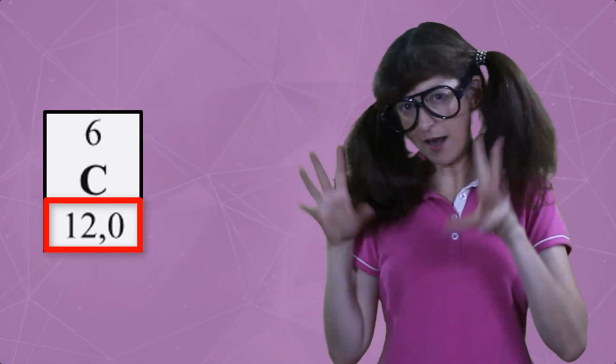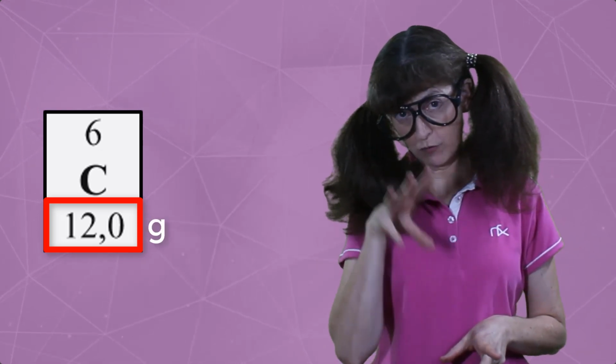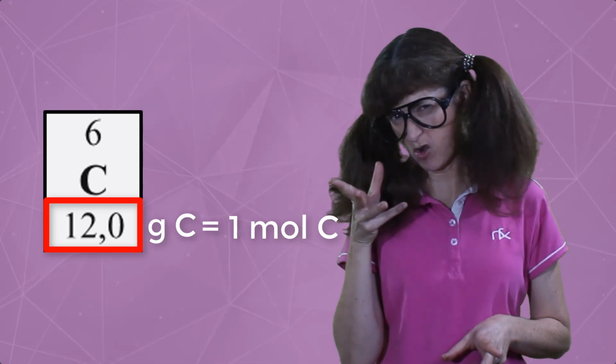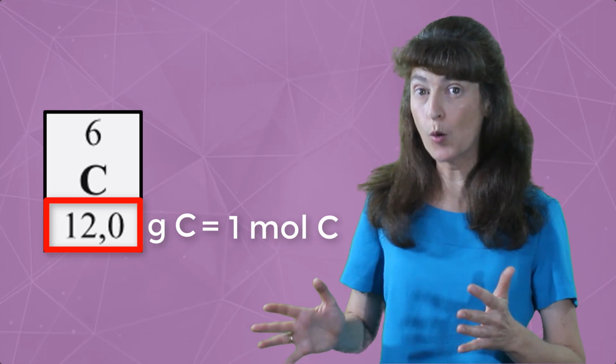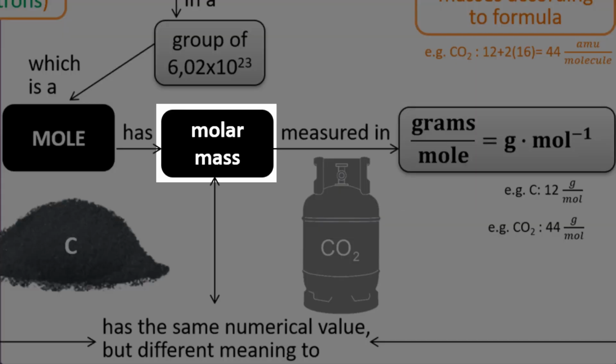Okay, so what you're saying is that the number 12 has a 3rd meaning. 12 grams of carbon is 1 mole. Yes, 12 grams of carbon is the mass of 1 mole of carbon atoms. 12 grams per mole is the molar mass of carbon. Here we have a mole of carbon.